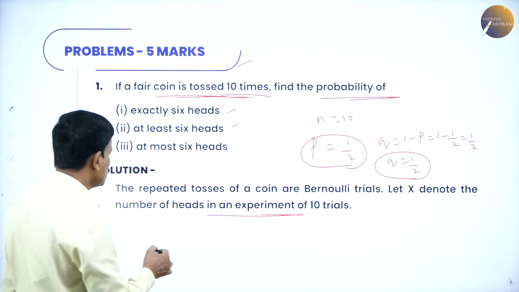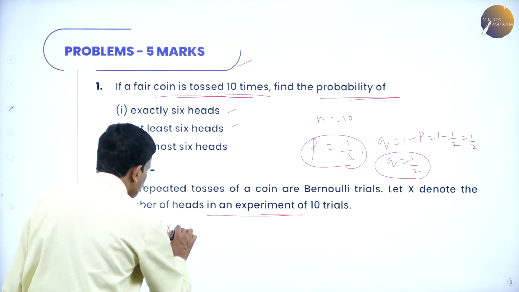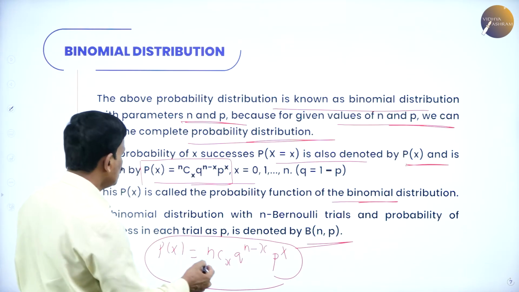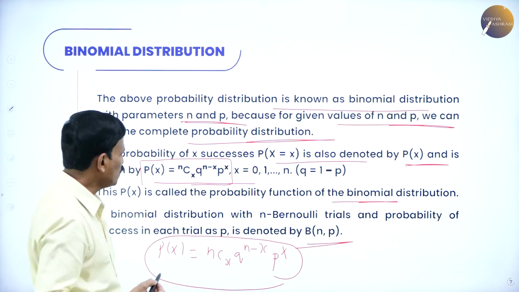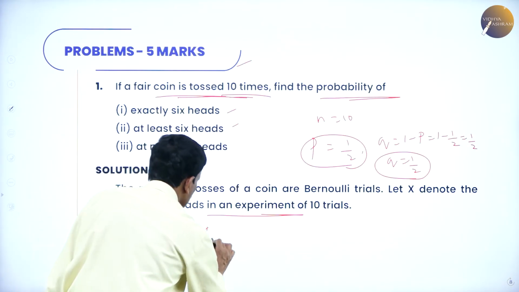So P is equal to 1 by 2, Q is equal to 1 by 2 and n is equal to 10. Now, we know the formula: P of x is equal to nCx Q to the power of n minus x into P to the power of x.